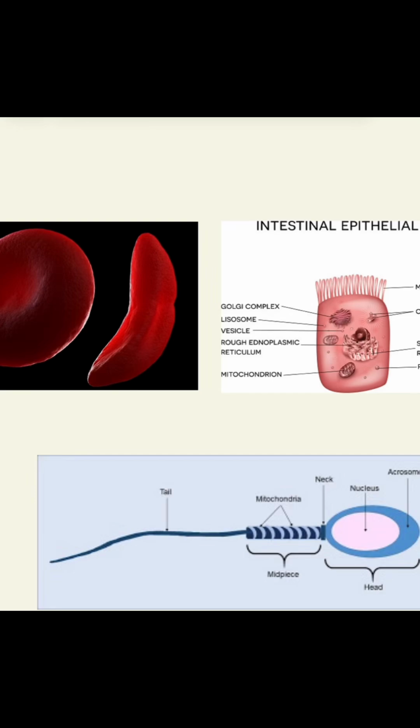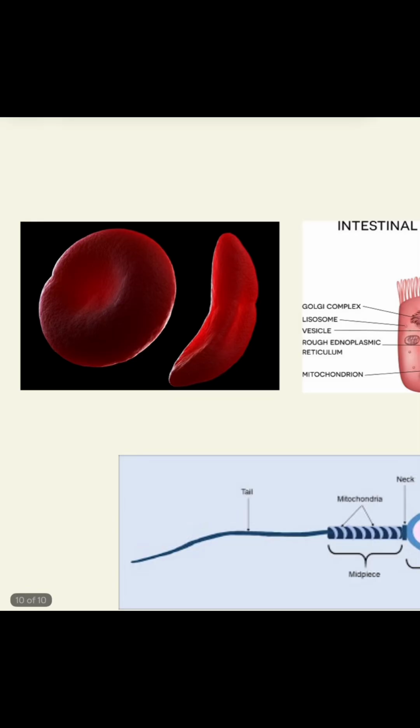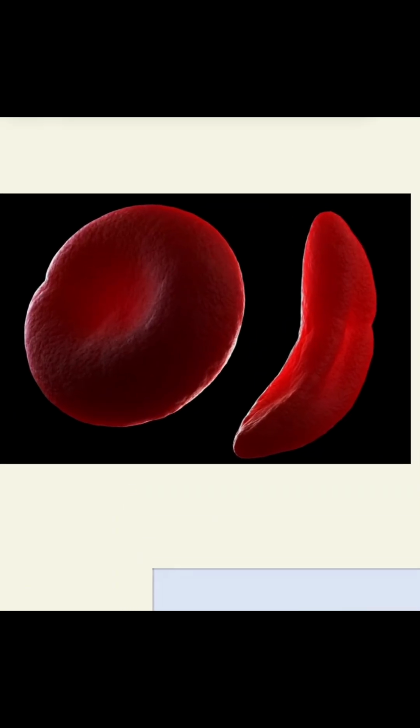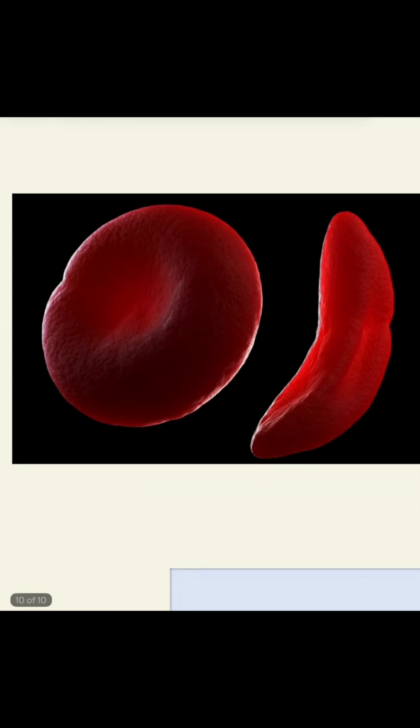So if we have a look at this red blood cell here, I'm sure you've seen an image of a red blood cell before, but the reason that they're shaped like this is because it increases their surface area for oxygen diffusion.